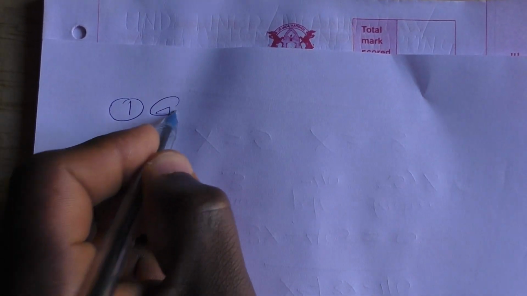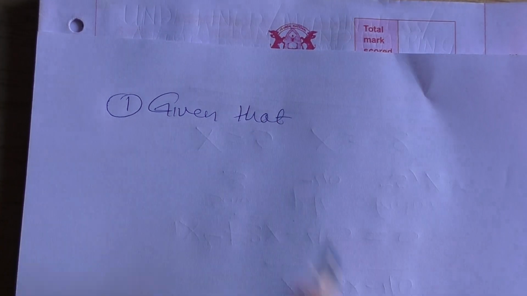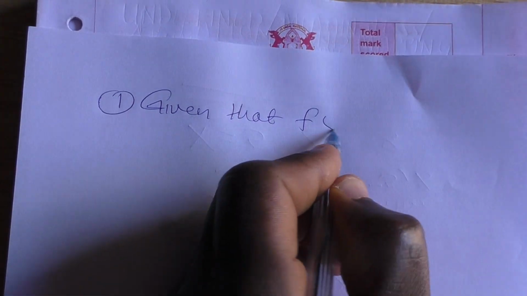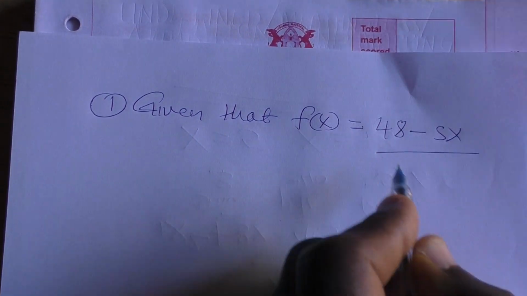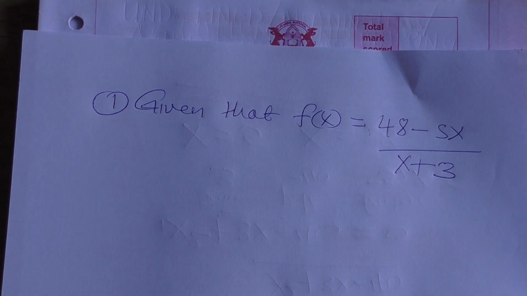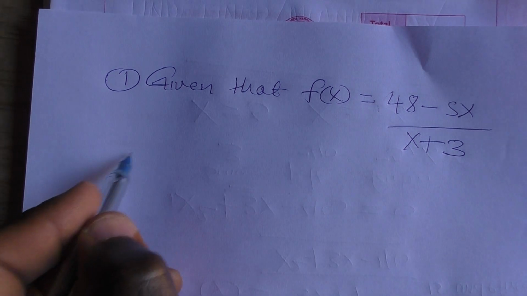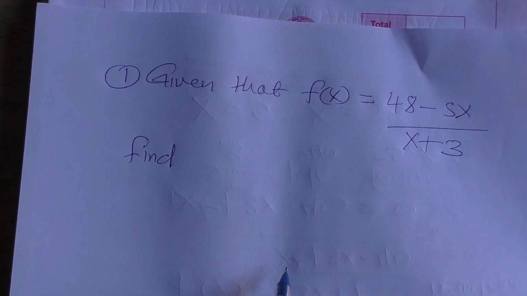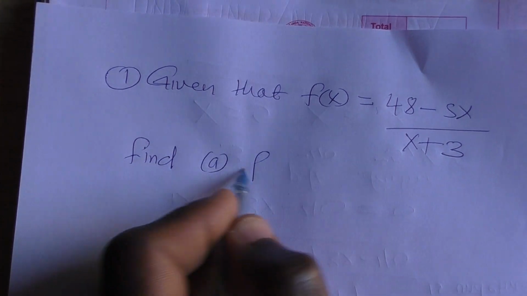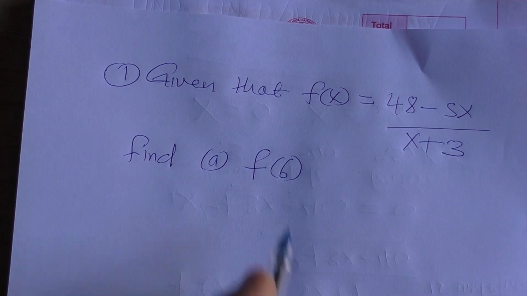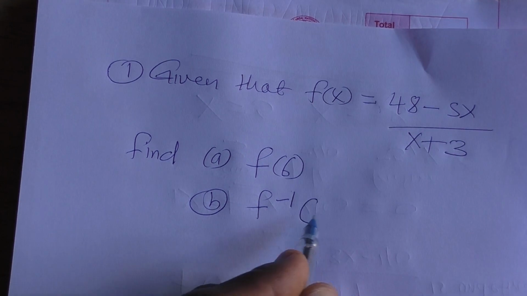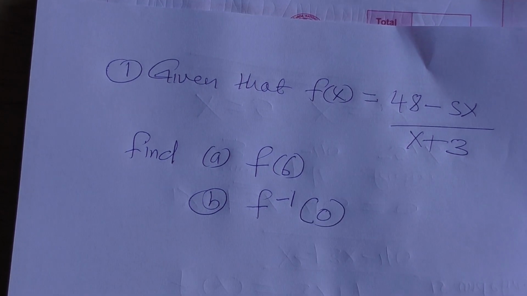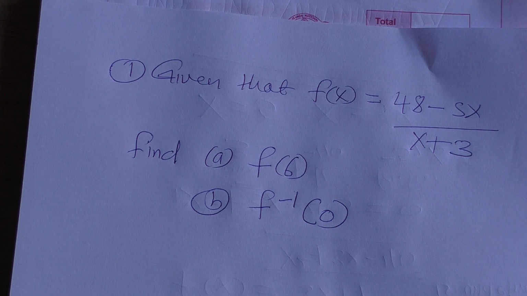Number 1 says, given that f of x equals 48 minus 5x over x plus 3, find part A, f of 6, part B, f inverse of 0. So how are we solving this?